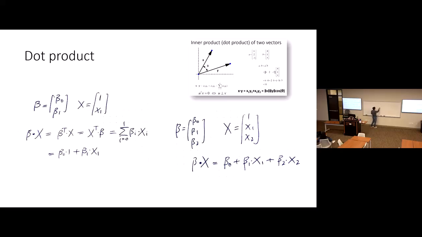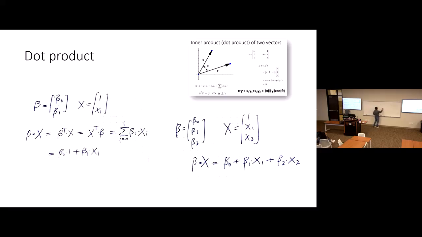If you expand this to x2, you have to increase the beta vector to the same dimension as well. If you do this dot product between x and beta, it will be a single number, right? Even if you use dot product, matrix multiplication, whatever, this will be a single number.